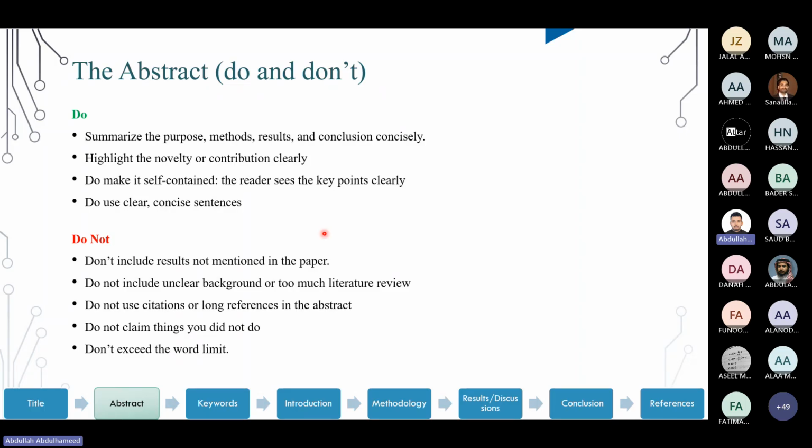So what you have done, what you have concluded. Do not use citations or long references in the abstract. And I think I also mentioned to avoid using citations. Do not claim things you did not do, and also do not exceed the word limit. If the word limit is 300, please just stick with that. If you create a long abstract, then you need to reduce it.